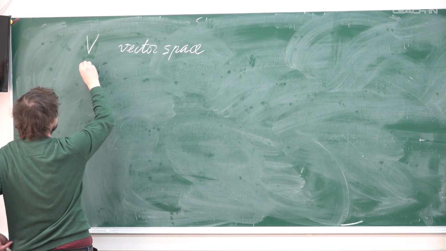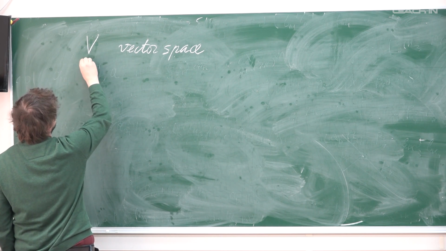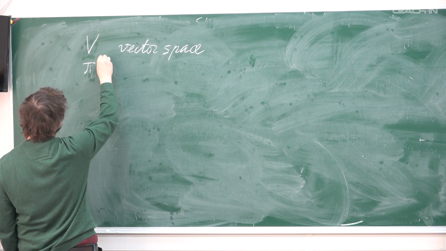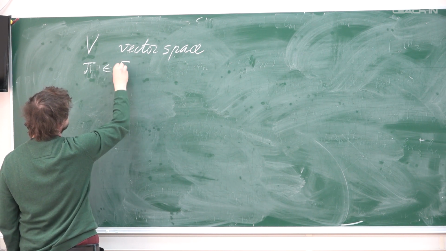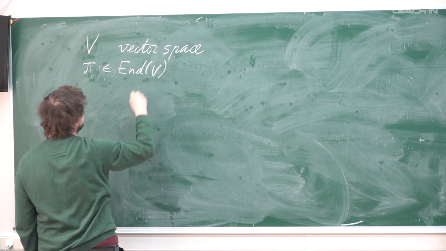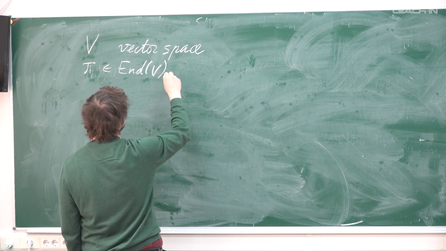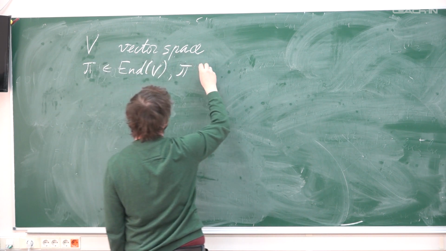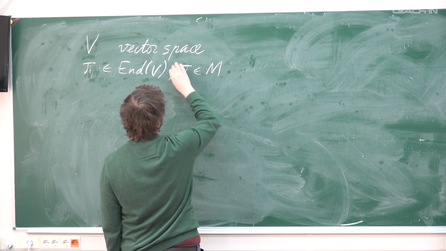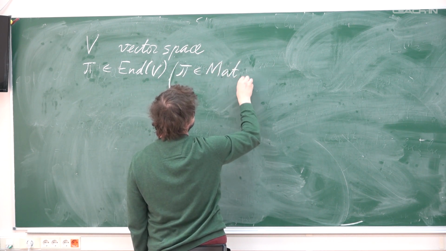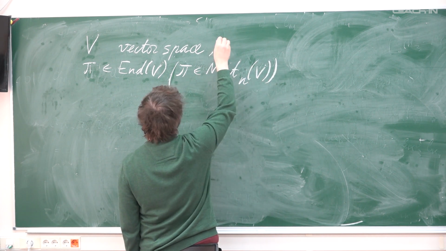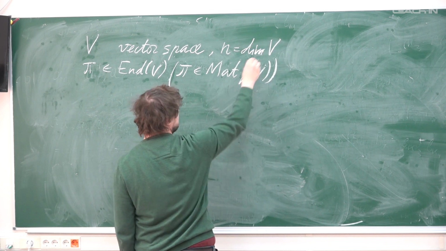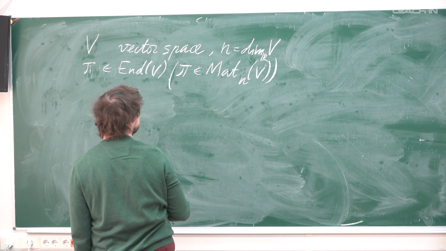And let pi be a skew-symmetric endomorphism of V. So you can choose a basis, so it's an endomorphism of V, or a matrix of size equal to the dimension of V. K is the ground field.